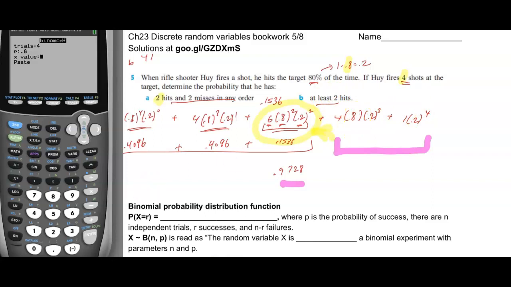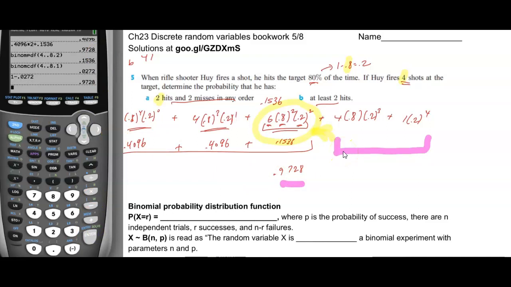Then I do paste. This gives me the probability of these 2 happening. And if I want the probability of these 3 happening, I would just do 1 minus this probability, which gives me 0.9728.